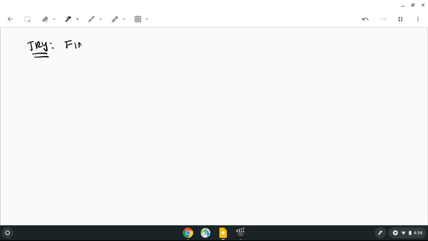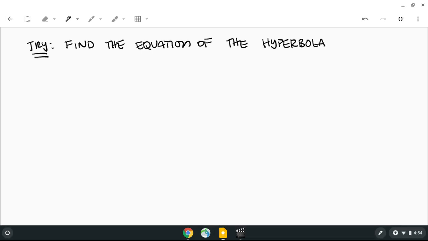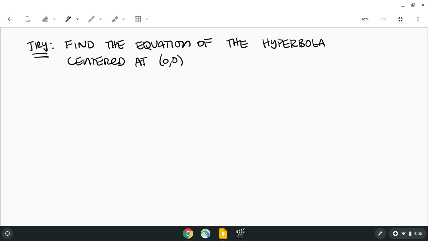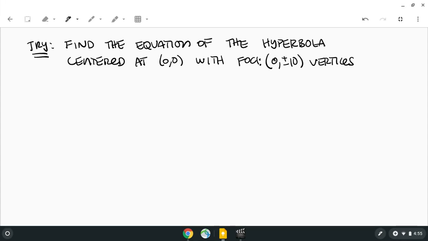So find the equation of the hyperbola centered at 0, 0 with foci 0 plus minus 10, vertices at 0 plus minus 8.